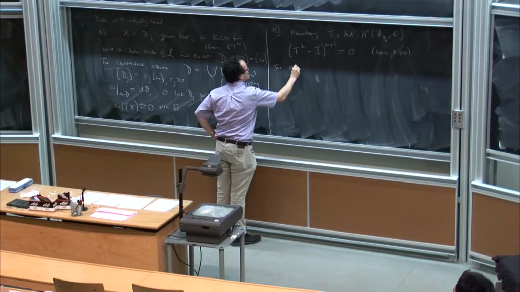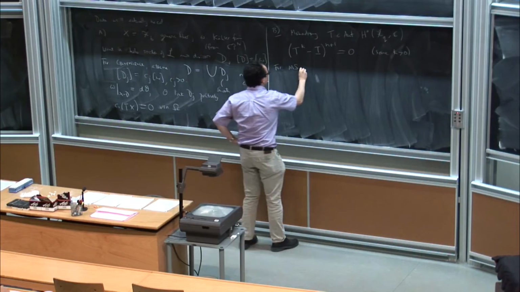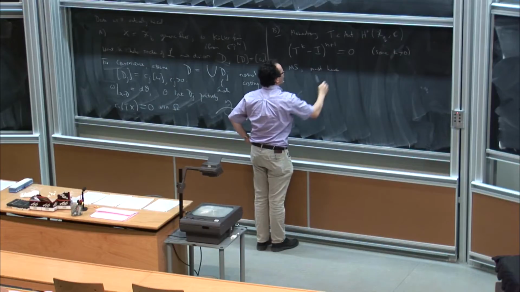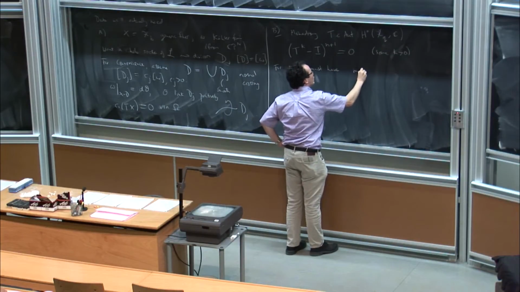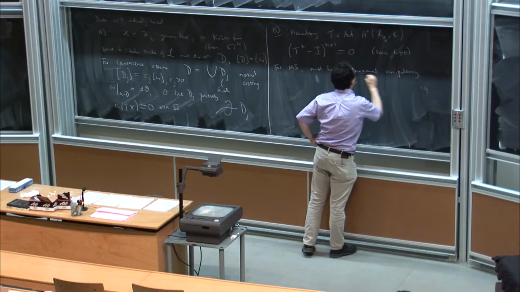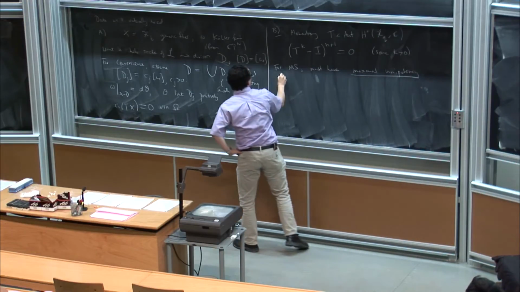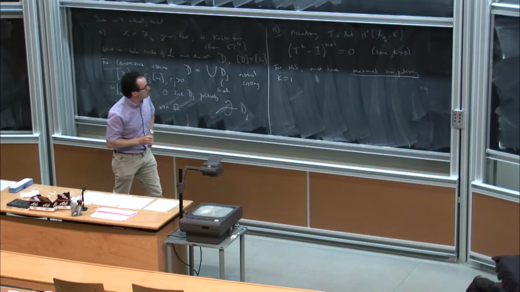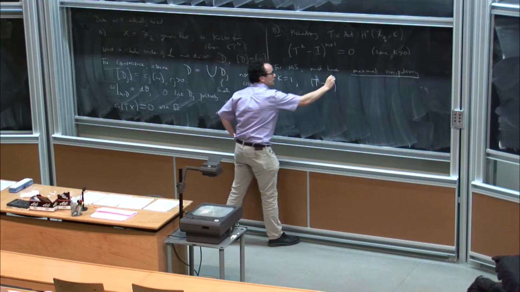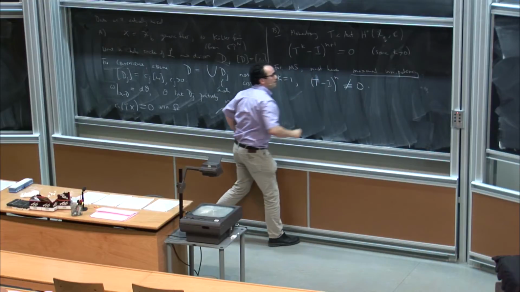For mirror symmetry to stand a chance of being relevant here, you must have what's called maximal unipotency of your monodromy, which means that k is 1, so T minus I is nilpotent of this order, but it's nilpotent of exactly that order, so T minus I to the n is non-zero.